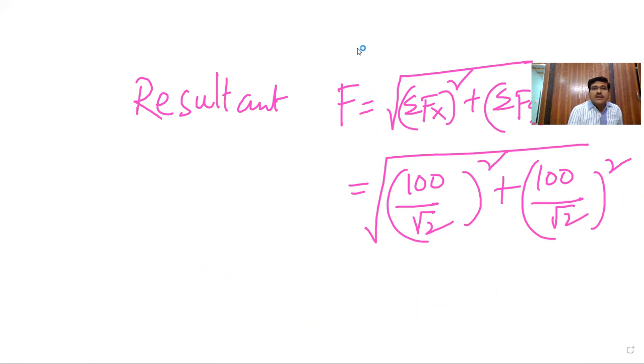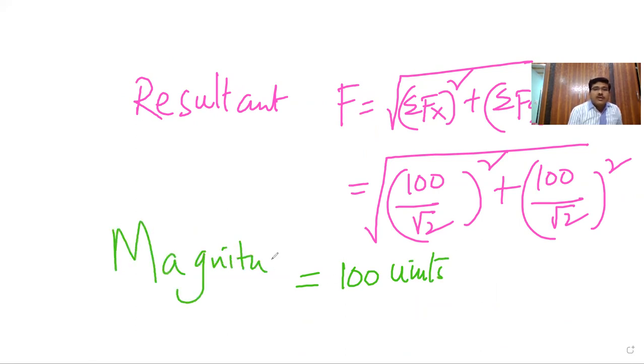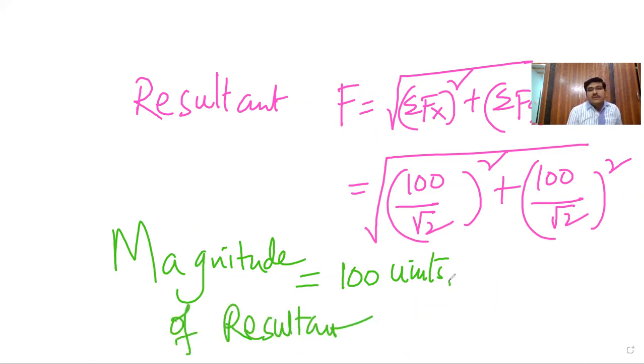Finally, on simplification, it becomes 100 units. This is the magnitude of the resultant.